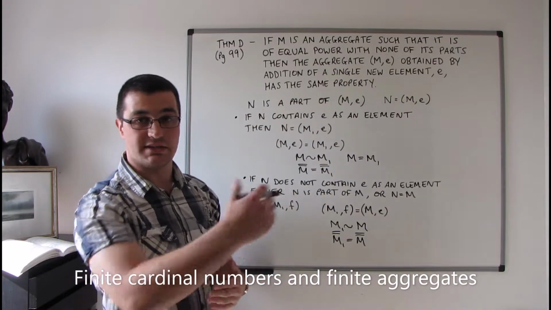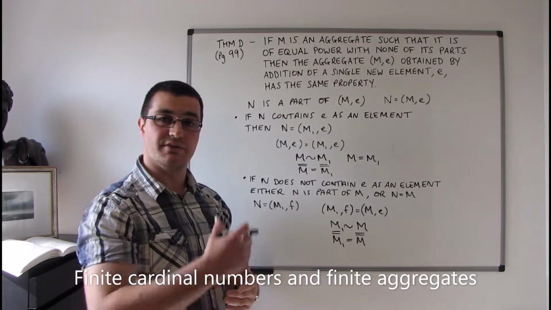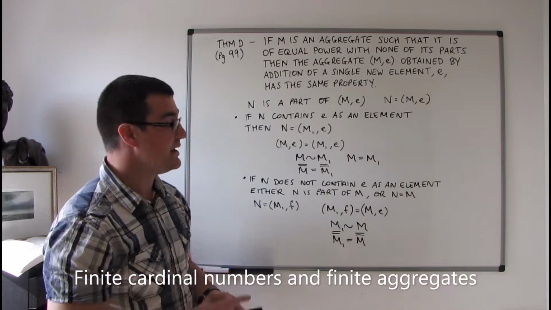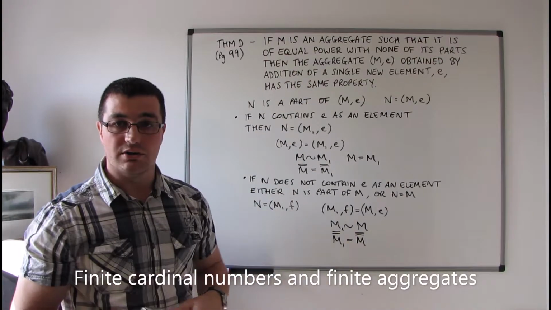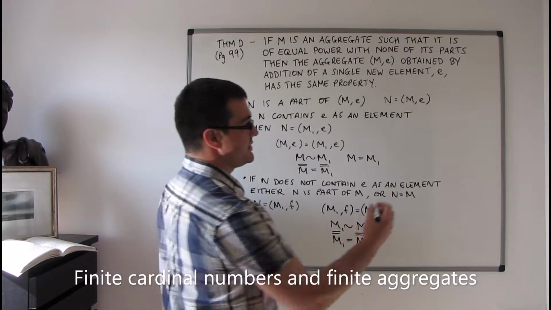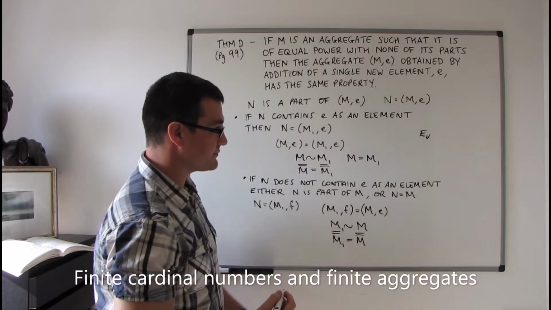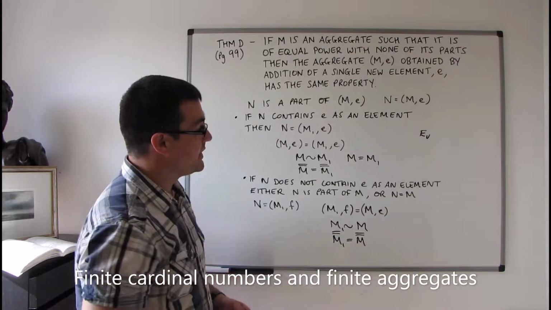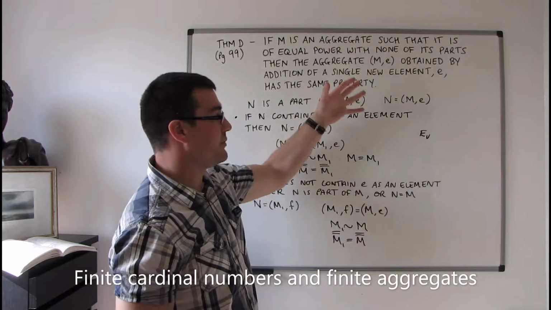So from M we get into the next cardinal number with this ME, and we're showing that that cardinal number itself, any aggregate with that cardinal number, has the same property. And as it turns out, all of the E numbers that we defined previously, when we were introducing the finite cardinal numbers, all of these have this property.